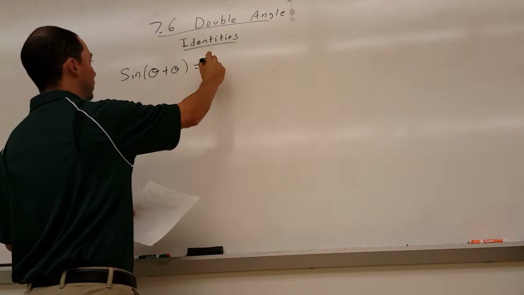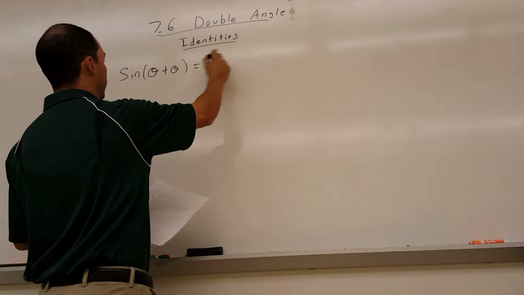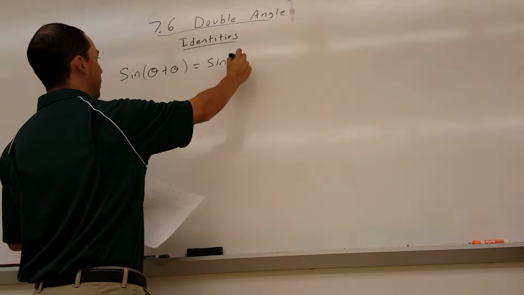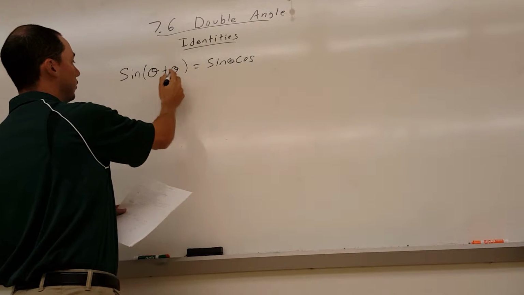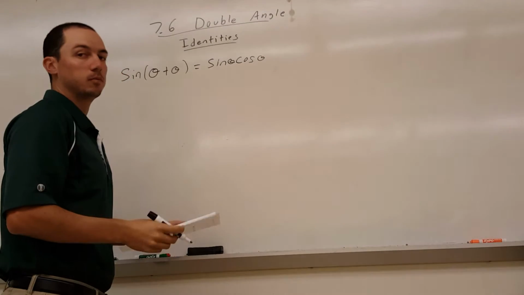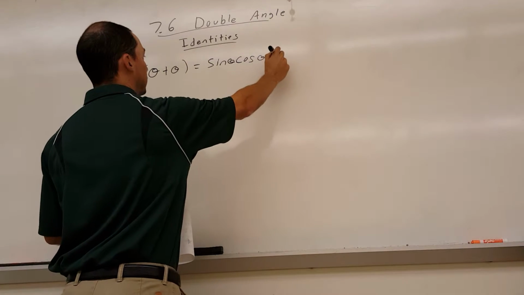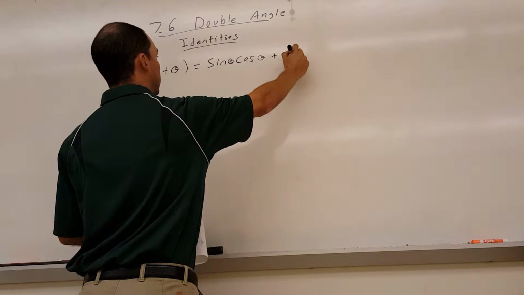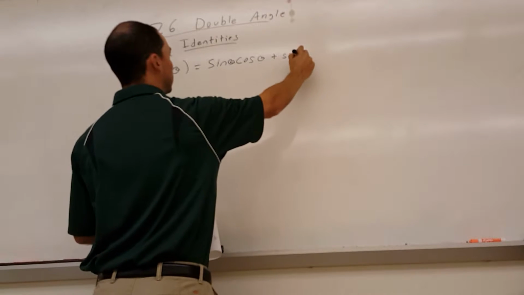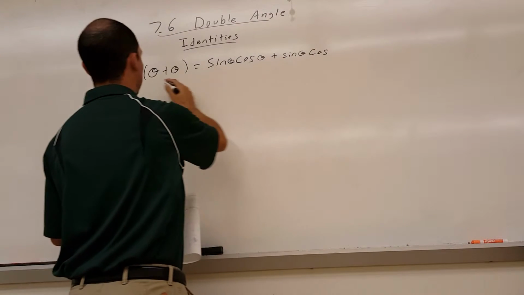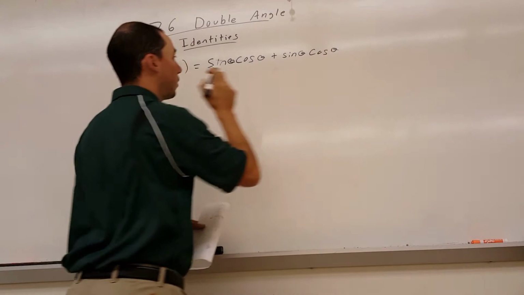Then we get sine of the first angle, sine theta, times cosine of the other angle, theta. And I'm using my sum formula for sine, plus the sine of the other angle, theta, times the cosine of the first angle, which is also theta.